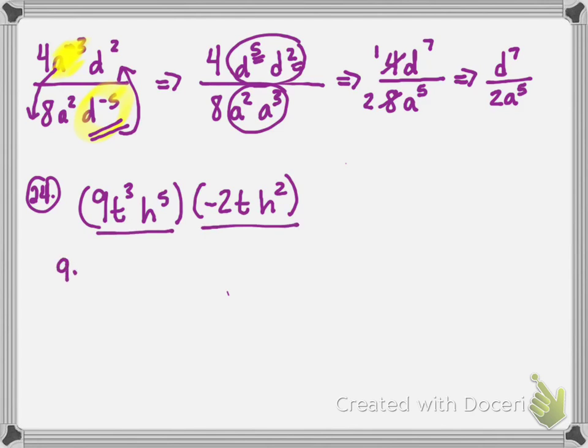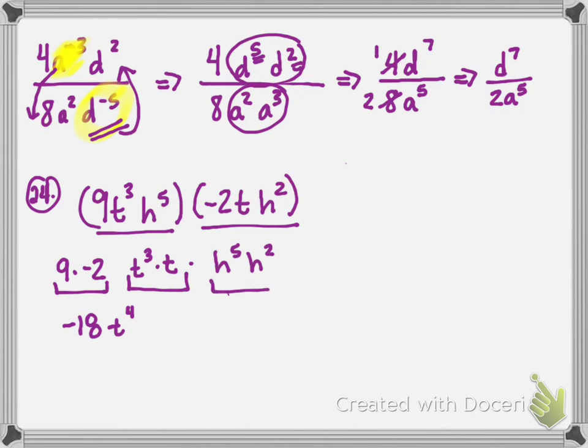I'm going to multiply my numbers together, my t's together, and my h's together. 9 times negative 2 is negative 18. When I multiply two things that have the same base, I keep the base and add the exponents.